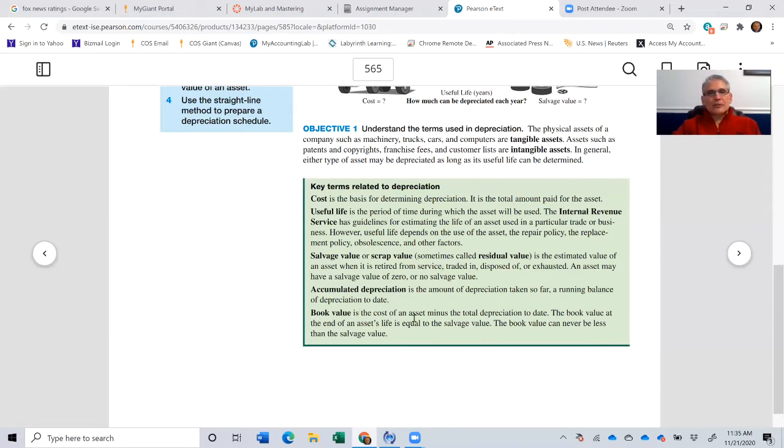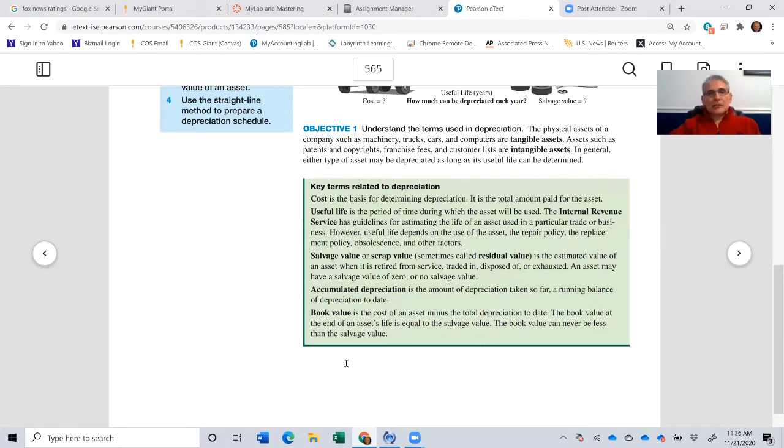And then the book value is the cost of the asset, what you paid for it, like a vehicle as an example, minus the accumulated depreciation. Let's say you're in year 3, the cost of the asset was $10,000. You've already accumulated over the 3 years, let's say $6,000.